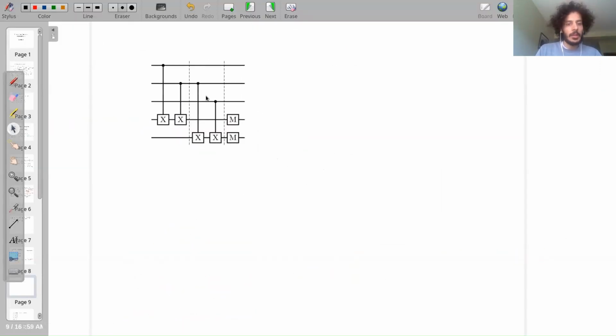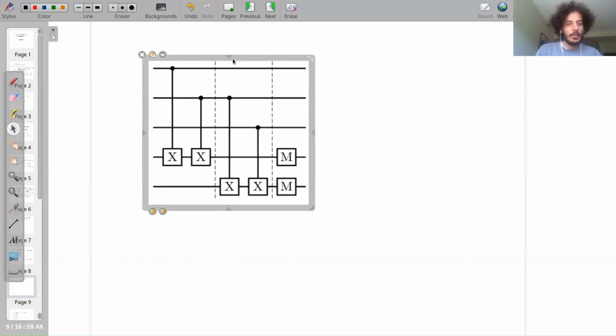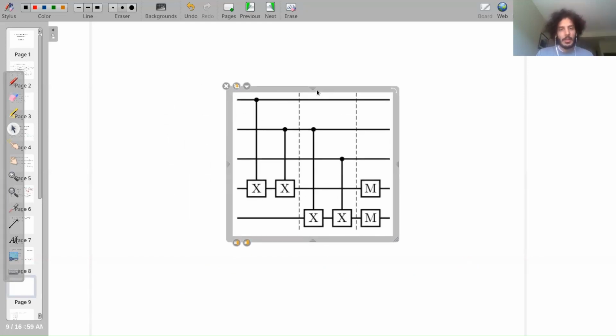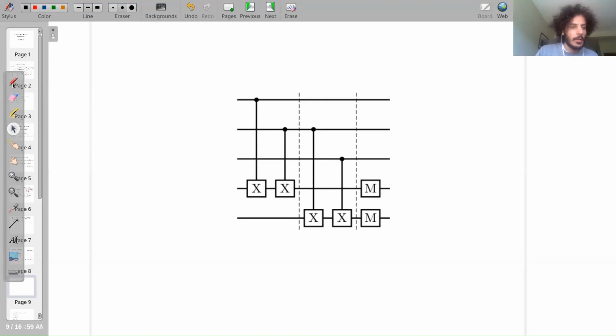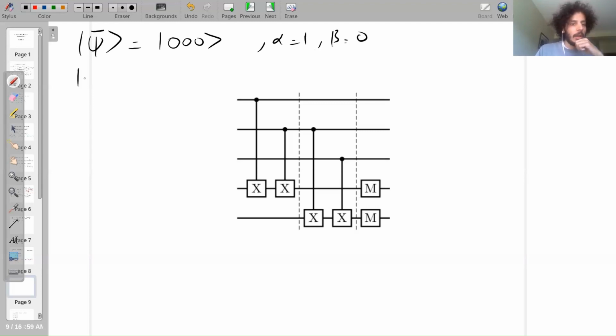Let's do the simplest example, which is that psi bar was equal to 0, 0, 0, which means that alpha equals 1 and beta equals 0, and then psi tilde was equal to 0, 0, 1, right? So this is what goes over here: you have 0, 0, 1 here. These guys are 0, these guys are 0.